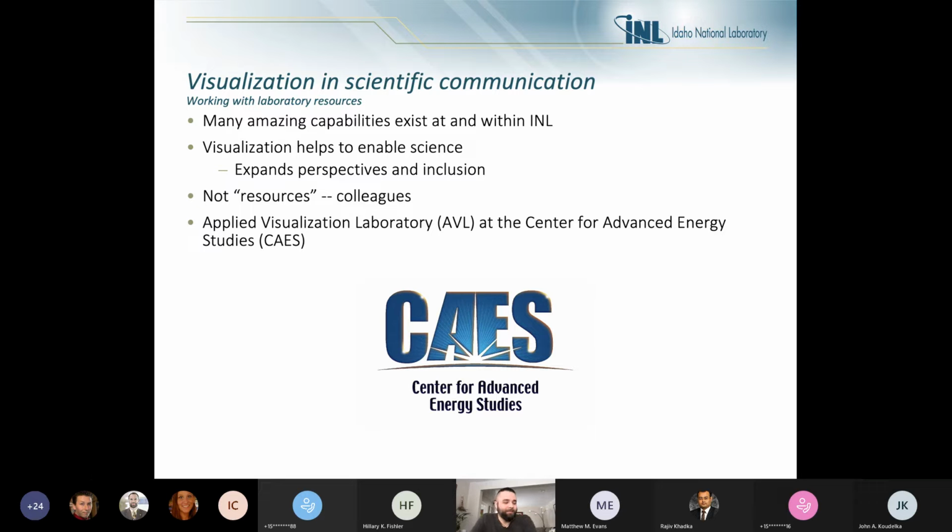So as it says on my slide, visualization helps to enable science. I think it helps with our perspectives and inclusion because, unless you're visually impaired, and I am a little bit, you can understand phenomena that someone points out in a picture much better than from a massive table of numbers, where you're like, what do I get from this? I have no idea what this means.